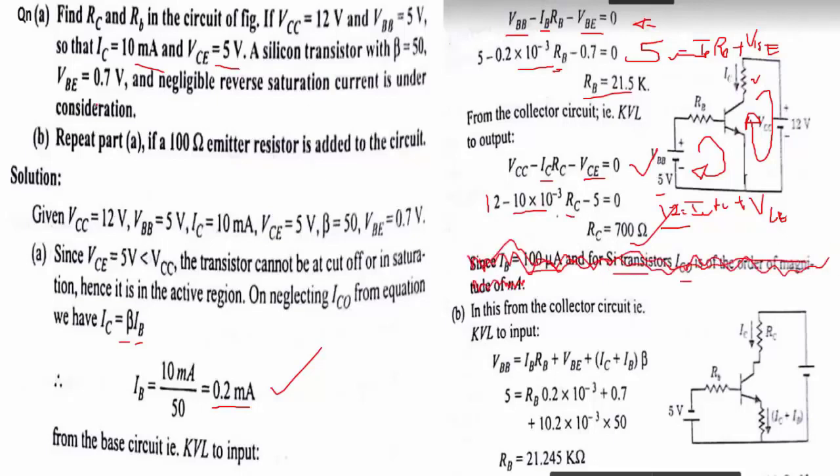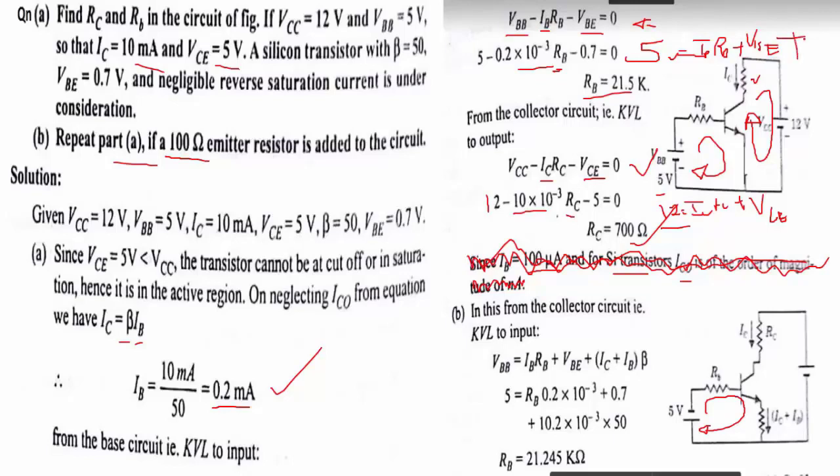So to solve our part B, we are told repeat part A, but this time tunaongeza 100 ohms emitter resistor. Kwa hiyo tunaongeza kwenye emitter part hapa, tunaongeza a resistor here. So the issue is very simple, kwa sababu kilichoongezeka tu ni hapa. Kwa mfano kama kesi ya kwanza tuliweka loop hapa, tulitumia hii equation.